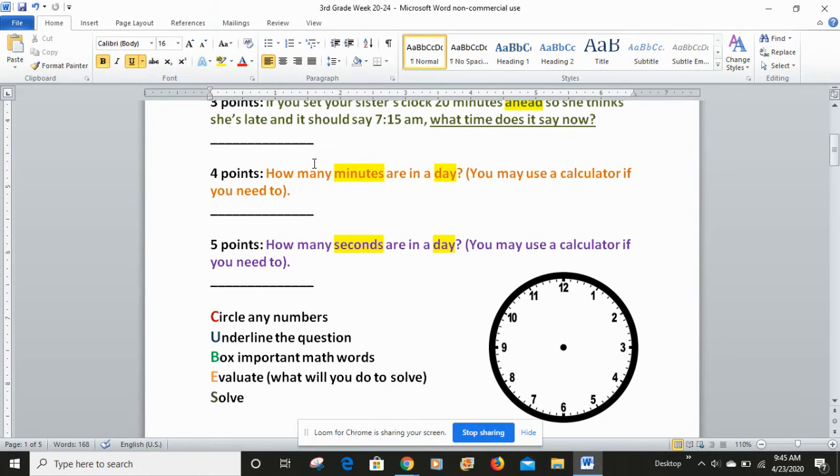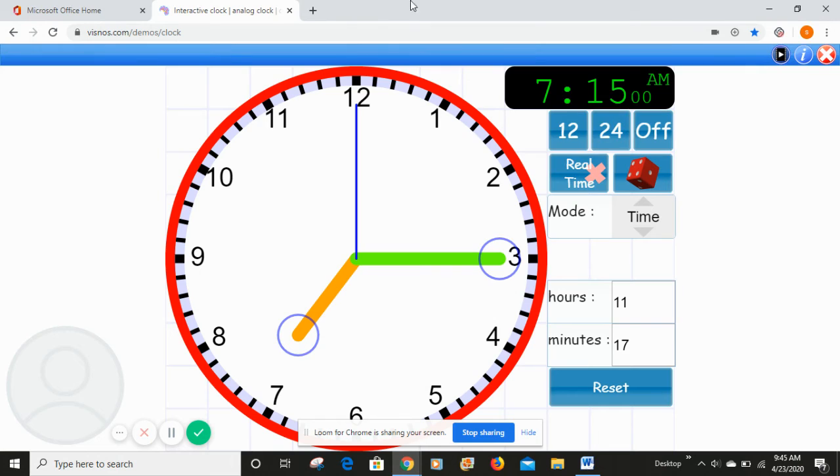Now the next couple questions just say how many minutes are in a day and how many seconds are in a day. So if we go back to our clock, there are 12 hours on this clock face. There's AM and there's PM. So there's 12 hours in the AM, 12 hours in the PM, which makes 24 hours in a day.